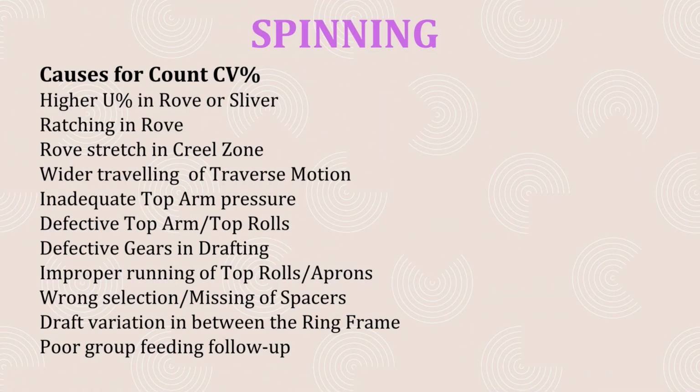Spinning, causes for higher U% in roving or sliver: roving ratching, roving stretch in the creel zone, wider traveling of the traverse motion, inadequate top arm pressure, defective top arm top rolls, defective gears in drafting, improper running of top roll aprons, wrong selection or missing of spacers, draft variation between the ring frames, poor group feeding follow-up.